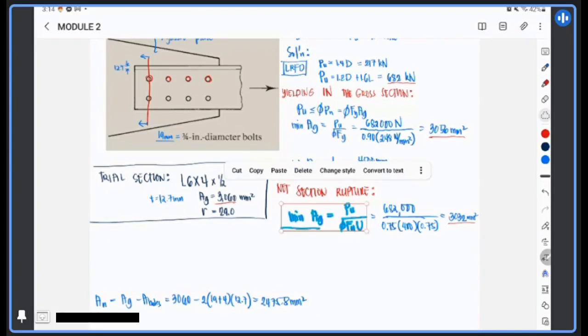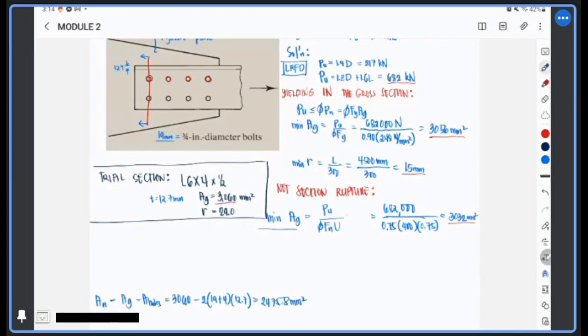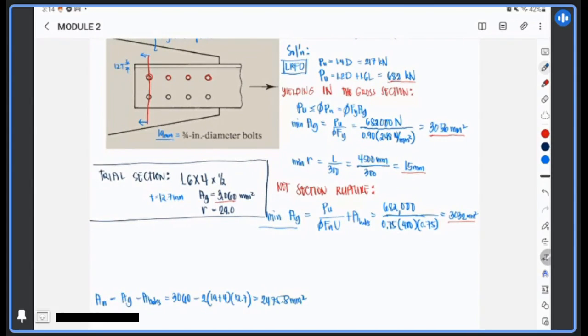So, ito may problema dito. We have to add the area of the holes. Then that is equal to, plus 2 hole dimension, 23 by 12.7.